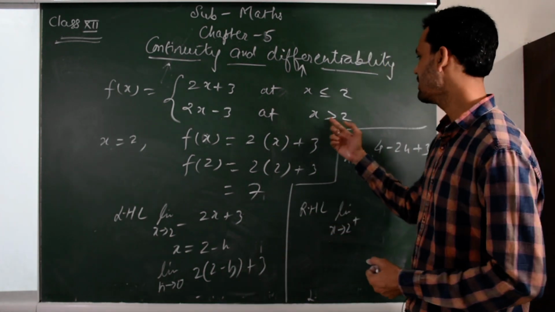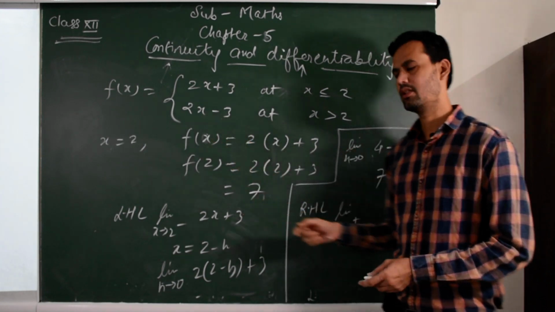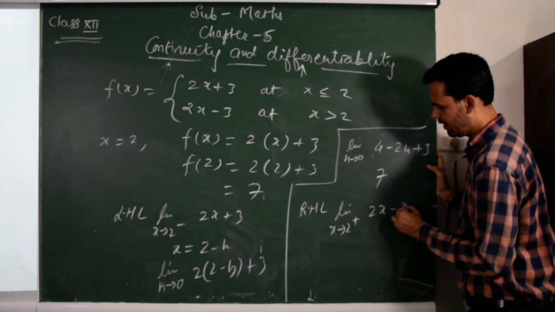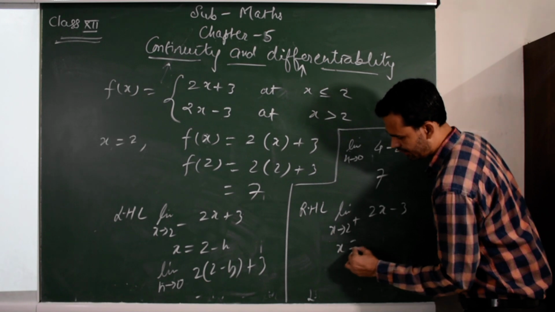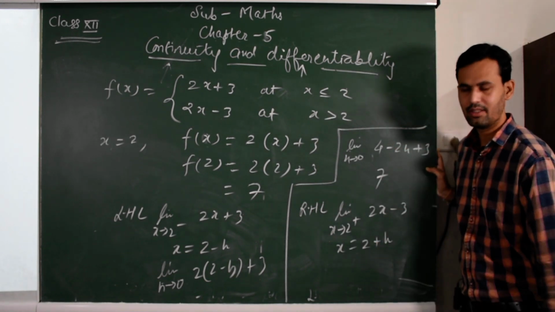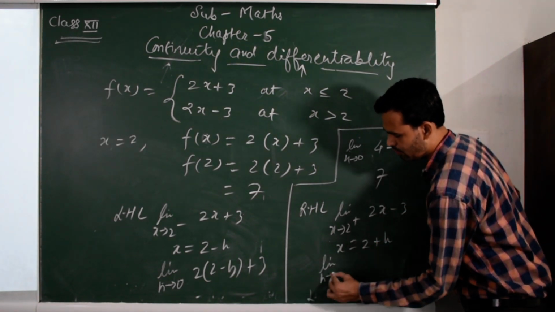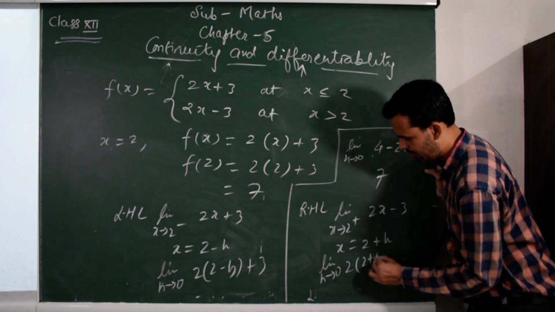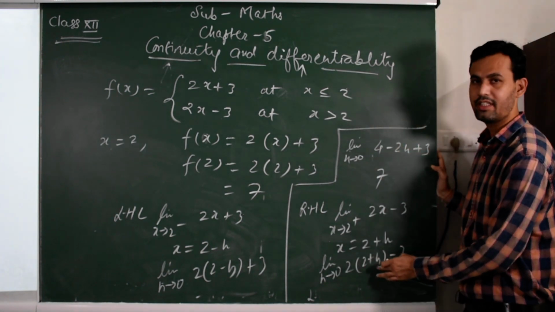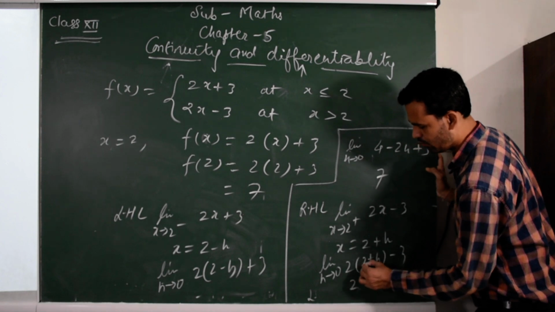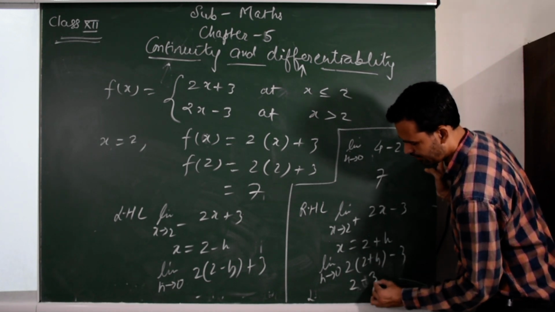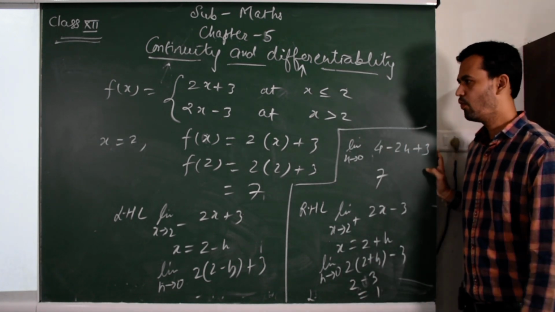Now RHL, limit x tends to 2 plus, it means the value of x is greater than 2, so we take the function 2x minus 3. How much greater? It's 2 plus h. Now limit h tends to 0, 2 into (2 plus h) minus 3, value of h is 0, so 2 2s are 4 minus 3, its value is 1.